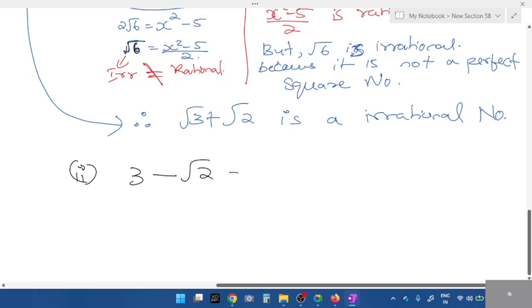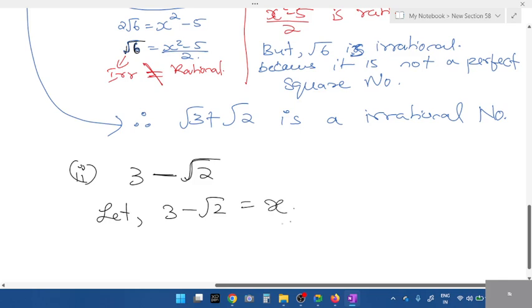You have to take this as what? All of you respond. This is the question. You have to prove it is an irrational number. It is rational or irrational? Root 3 is irrational. First thing, right? Let 3 minus root 2 is equal to x.